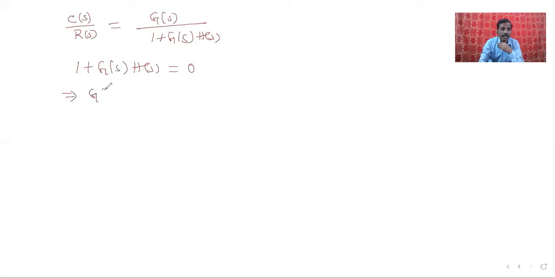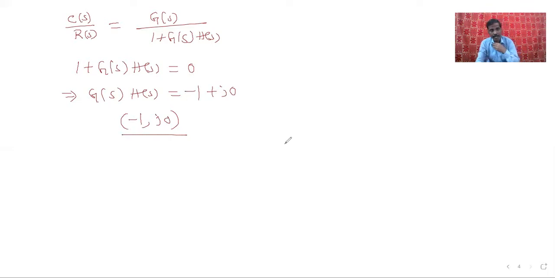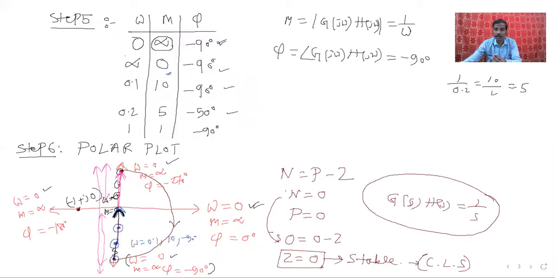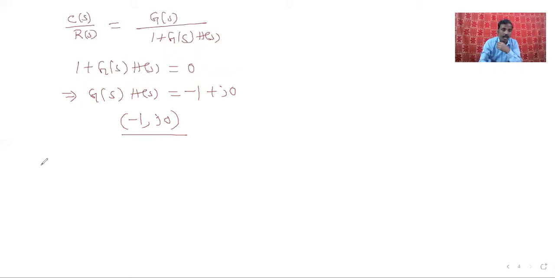In this case, G(s)H(s) equals minus 1 plus j0, and this point is called the critical point. Then the Nyquist path.